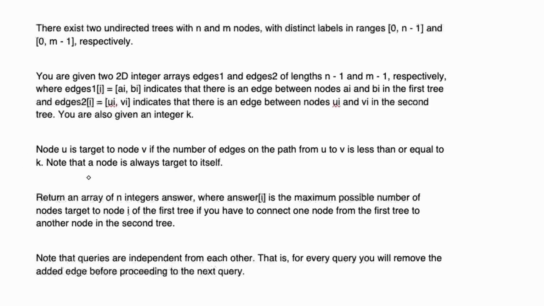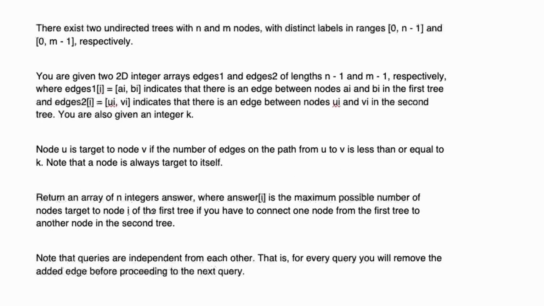And a node is always target to itself. So essentially what we want to find here is for a node, how many other nodes fall within the range k from that node. So what we want to do is return an array of integers where the answer for each element is the maximum possible number of nodes target to node i.